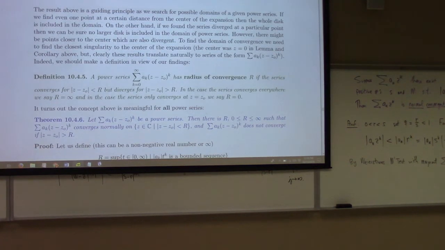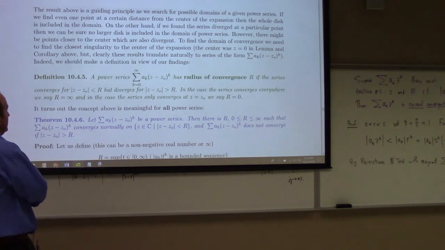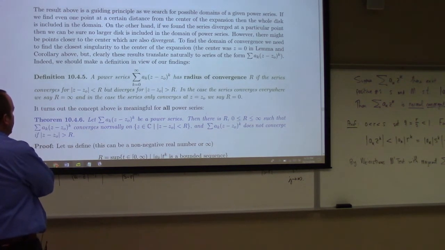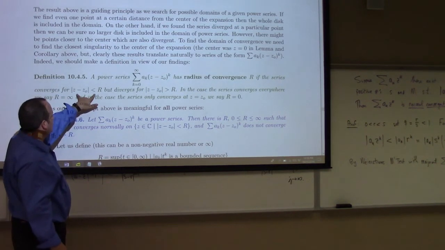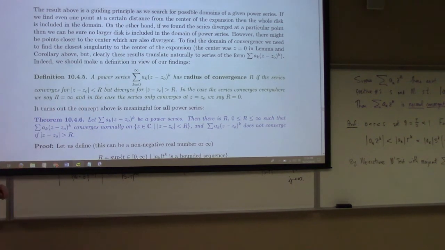This leads us to make the following definition. The radius of convergence for a power series is said to be r if the series converges for z less than distance r from the center, but it diverges for distance beyond r away from the center, right?